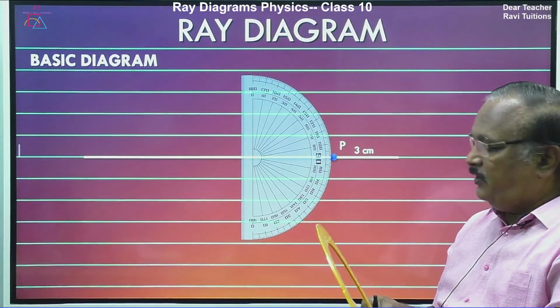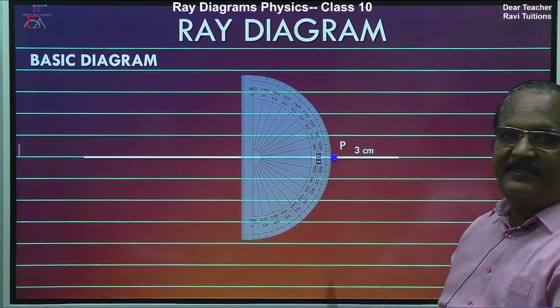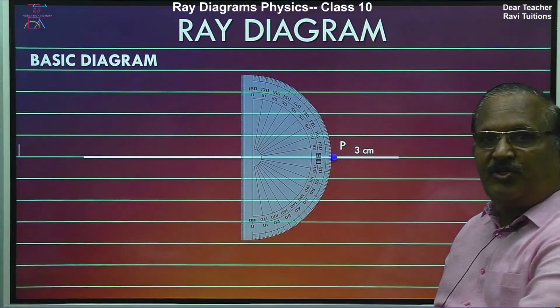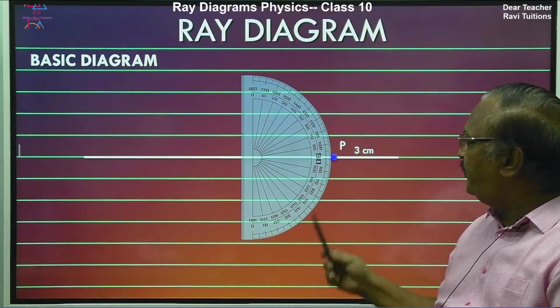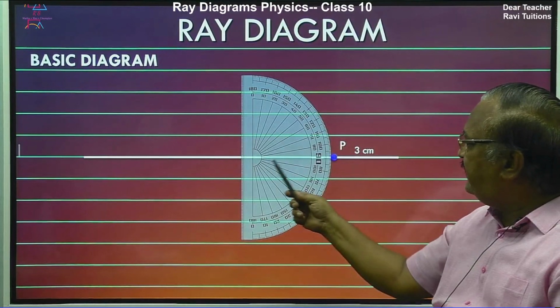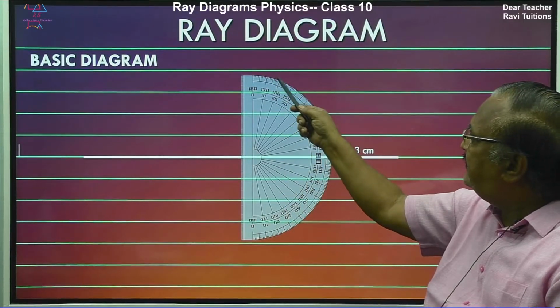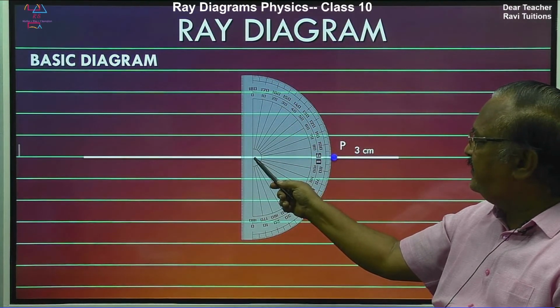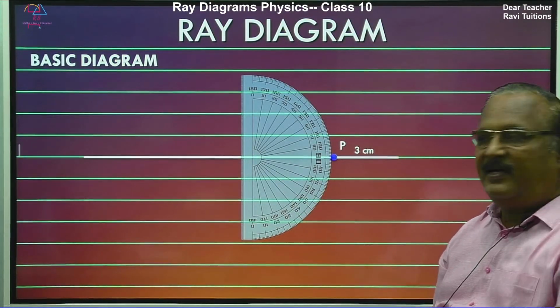Now you keep this protractor at 90 degrees to draw the curve, because for a concave mirror we need to draw a curve. This is a radius, and this is the center. If you measure it, you will get all the answers.